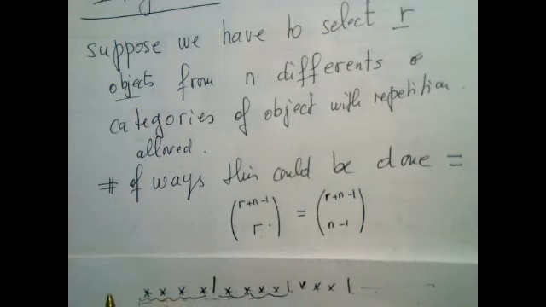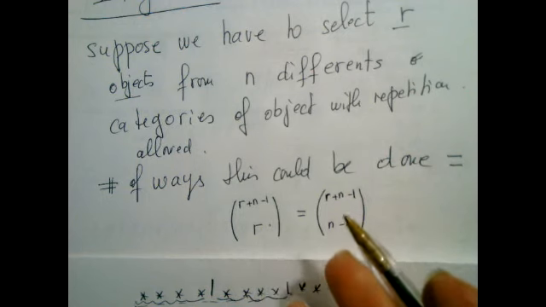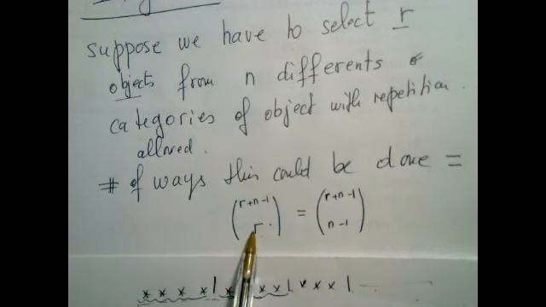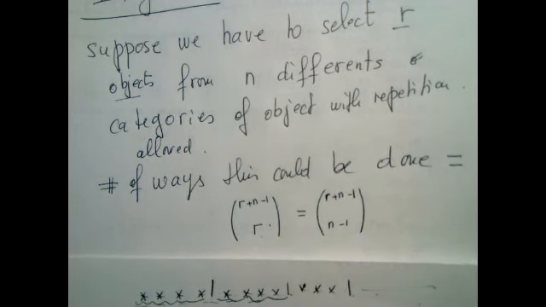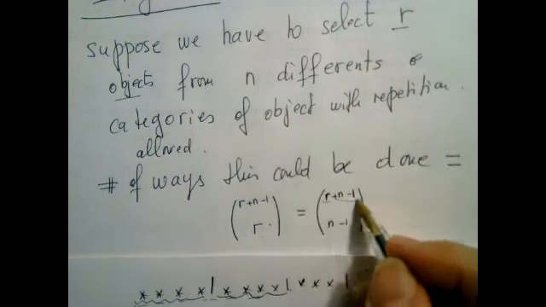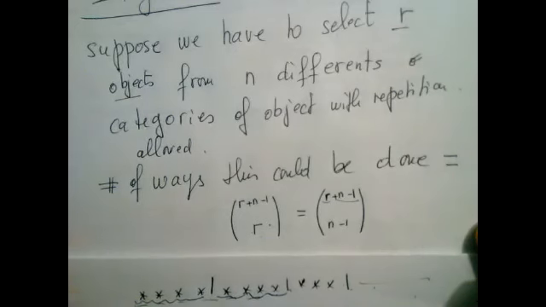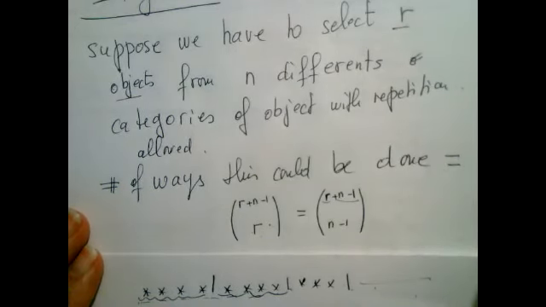Algebraically you can do it using factorials, but the number of strings with exactly R stars is the same as the number of strings with the leftover, the n minus 1, because the length is R plus n minus 1.